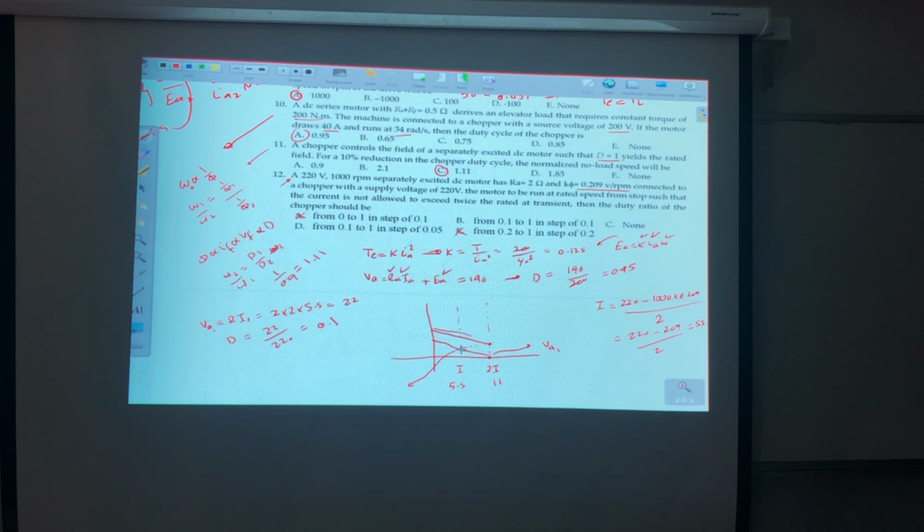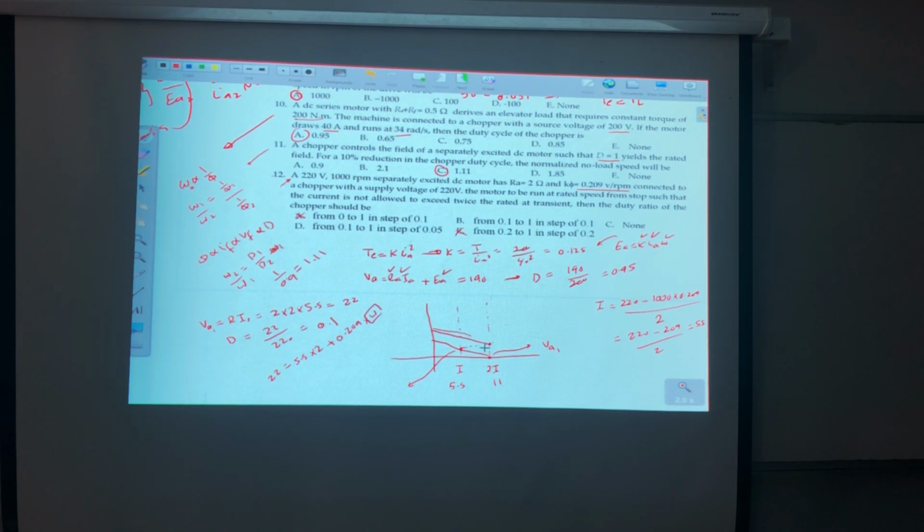So how to calculate omega at this point? Very simple. VA I know, 220, will equal the current I know, 5.2, multiplied by the resistance, which is 2, plus K-phi, I know, 0.209, multiplied by the omega. So from here I can find what? Omega.